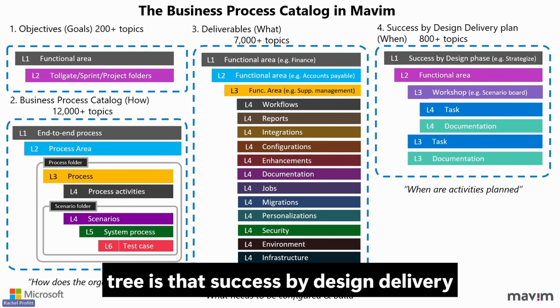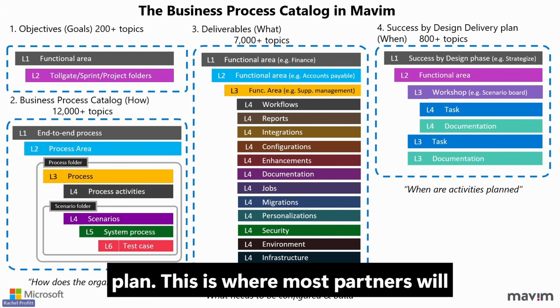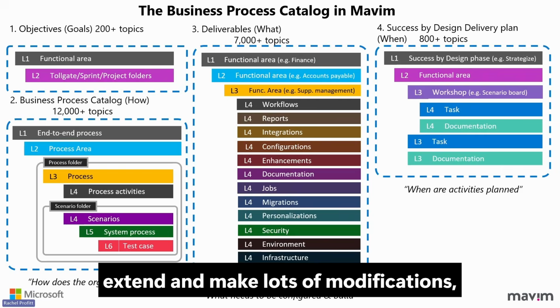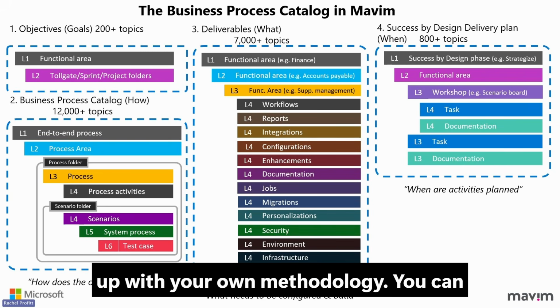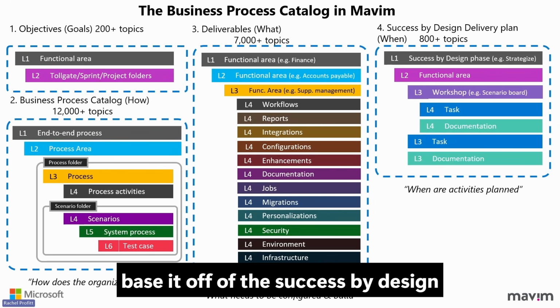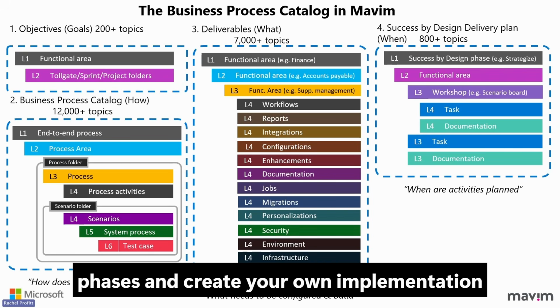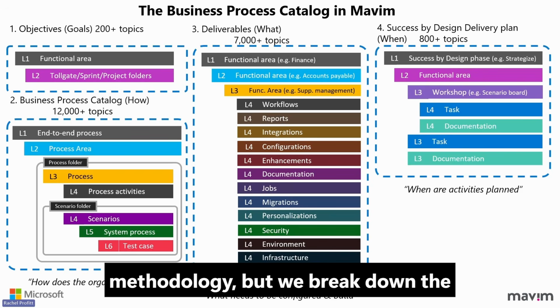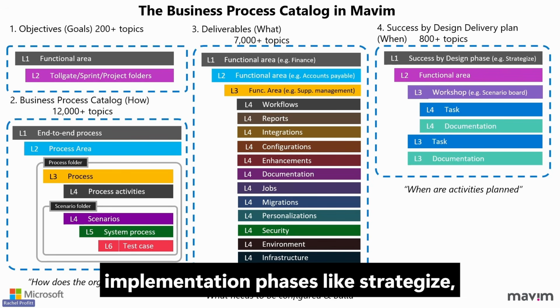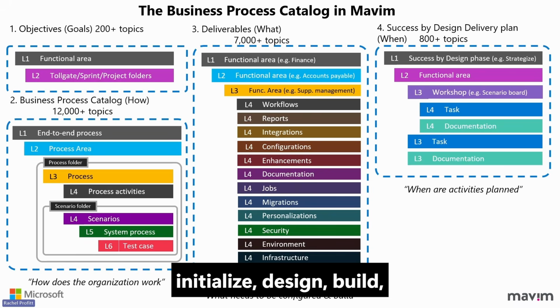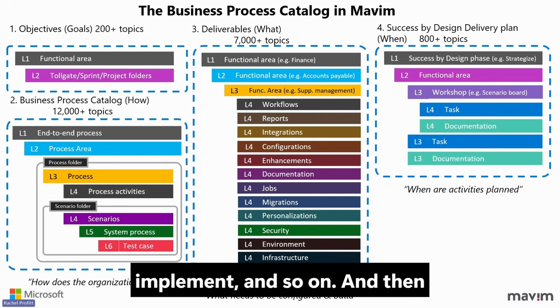The fourth tree is that success by design delivery plan. This is where most partners will extend and make lots of modifications, but it's a good starting point if you're a new partner and you're trying to come up with your own methodology. You can base it off of the success by design phases and create your own implementation methodology, but we break down the success by design delivery plan into our implementation phases like strategize, initialize, design, build, implement, and so on.